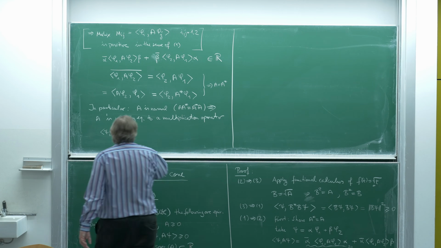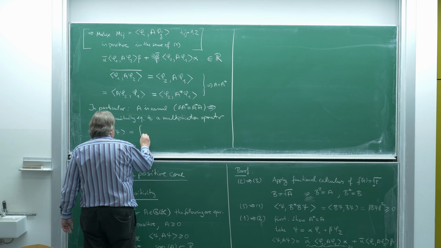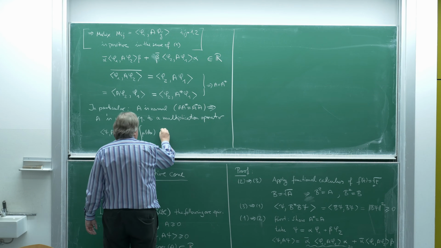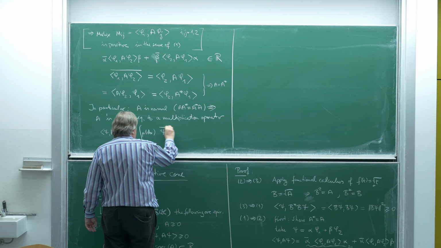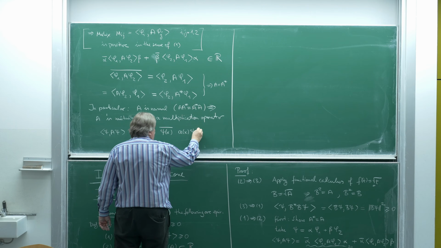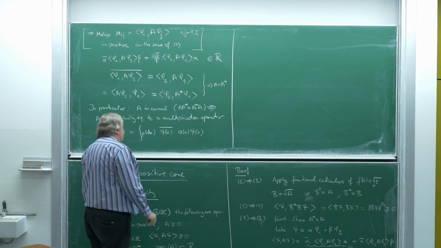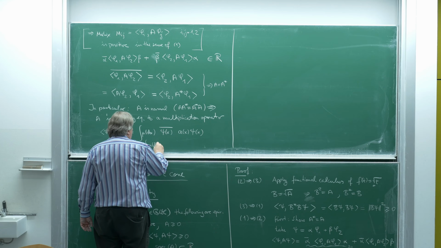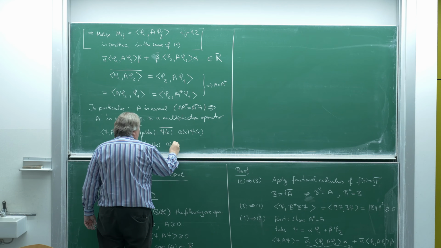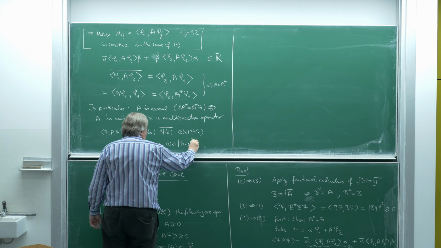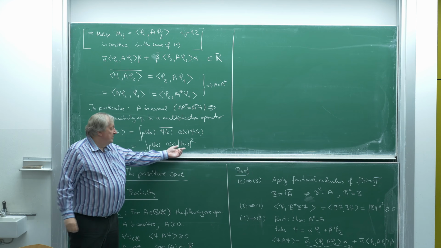Because now we look at the scalar product in whatever space we are in. So this is just the integral with respect to the measure in the concrete Hilbert space of A of x times psi of x absolute square. So this is a positive integrand.